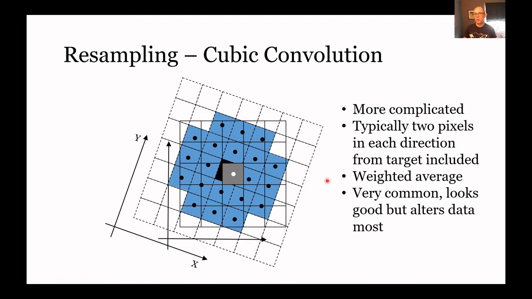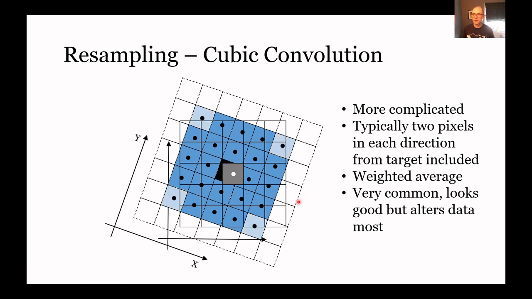Similarly with cubic convolution, where we can use many more cells, pixels, to create a new interpolated value at the one we're looking for. So this is looking for long-range trends to say what value we're likely to get there, on an assumption that we have fairly linear trends across our data here.